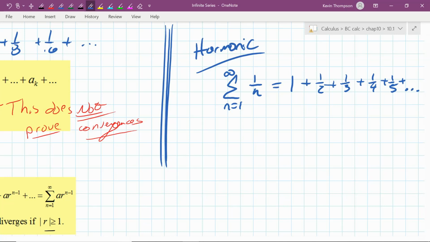Do we think that this sum could get to the number 2? Do you think this sum could get to the number 2? 1 plus a half, well, that's 1.5, plus a third, plus a quarter. Can I get to the number 2?